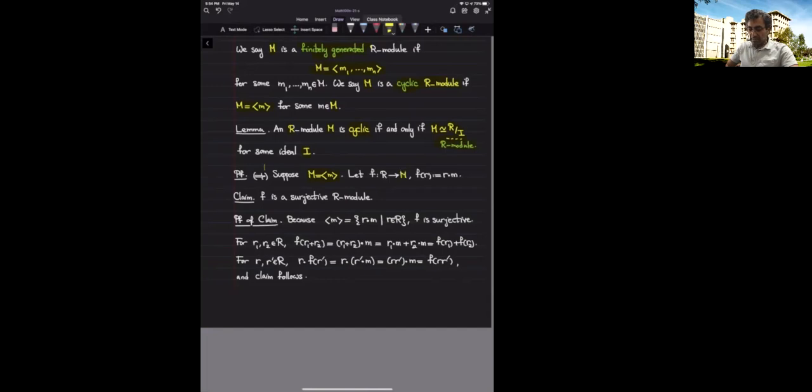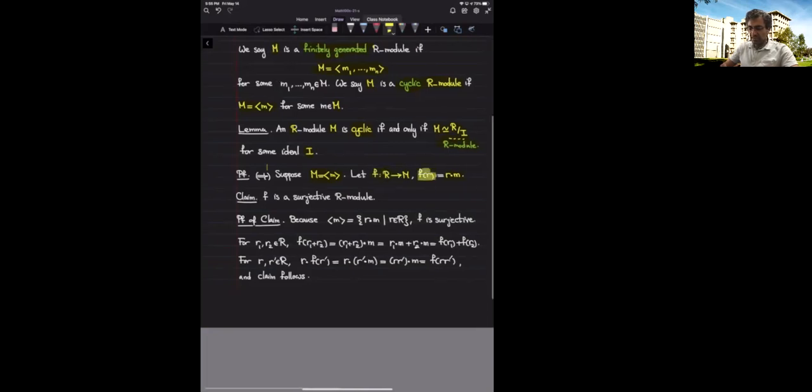Because M is generated by this small m, every element of this module is a scalar multiple of this generator small m. So I pick this as my function. For every scalar that you give me, I look at multiplication of this scalar by m.